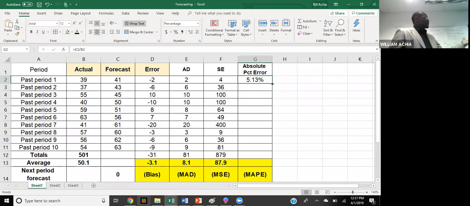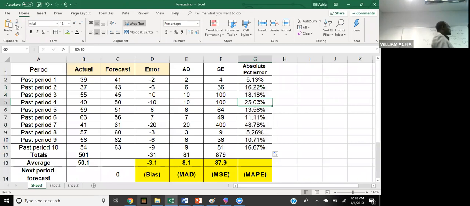Personally, I find that more convenient because I can say, okay, 5%, that automatically tells you that's a small difference. But if I start having differences like 25% between your forecast and your actual figure, then that might be worrisome. So the absolute percentage error just enables us to visualize the magnitude of that difference.